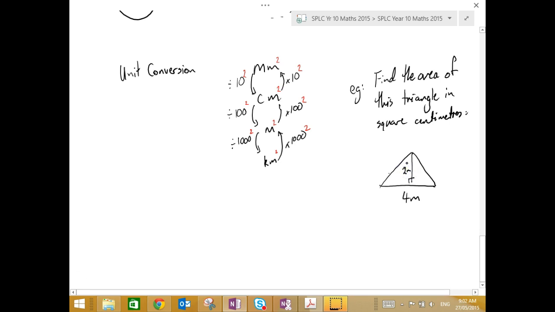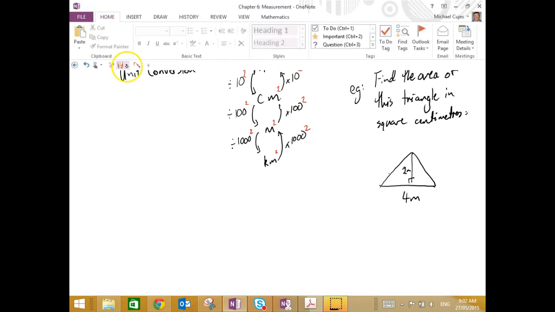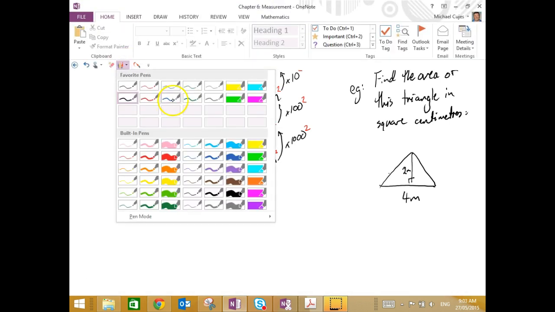I'm given measurements in meters, but they want to know the area of the triangle in square centimeters just to be difficult. How hard is it going to be?